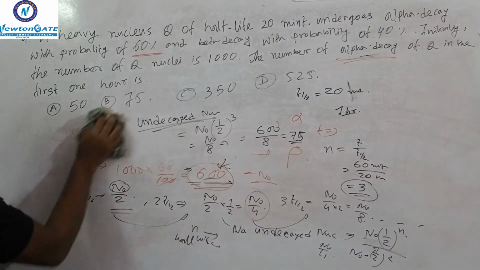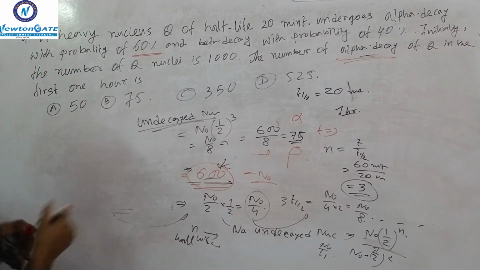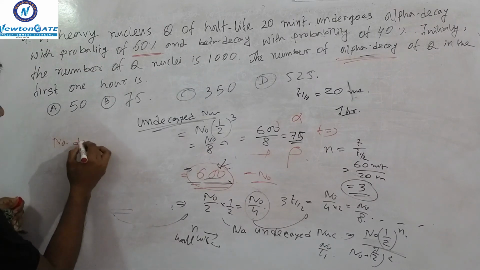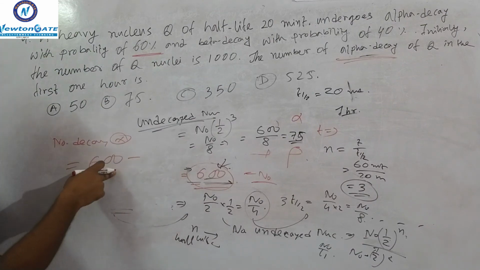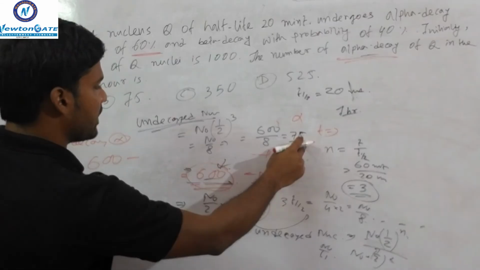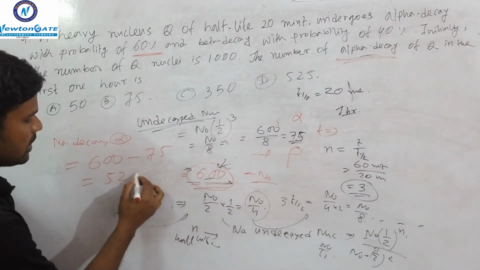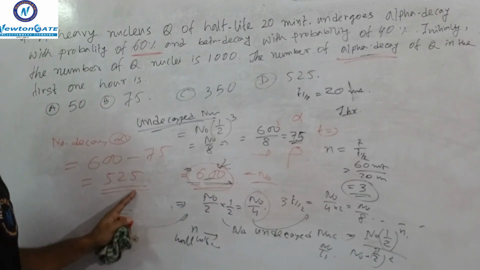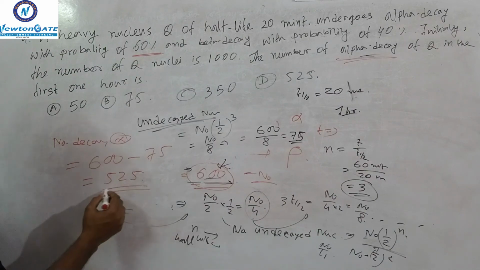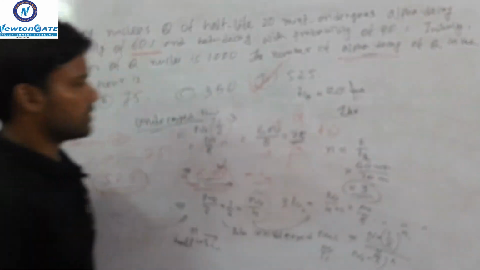So the number of decays, very easy: 600 are ready to decay by alpha, and 75 are undecayed, that is 600 minus 75, that is 525. So this is the number that decayed by alpha, right? The number of alpha decays is 525. So D is our right answer.